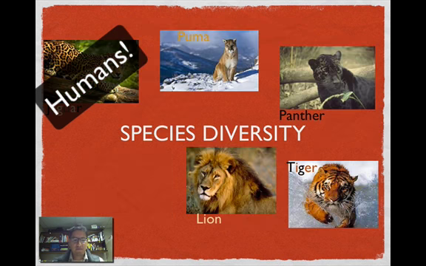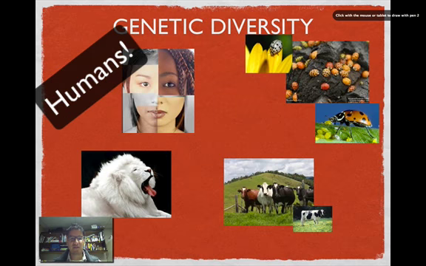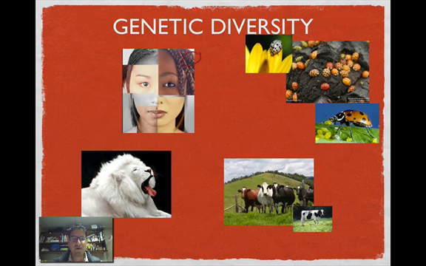We have individuals with dark coarse hair, thin, light hair, dark hair, brown hair, red hair, different shaped lips, different shaped noses, eyes, eye color, even just hair types. Maybe they're thick-haired, thin-haired, maybe no hair. So again, you don't have to look further than yourself or the classroom to find genetic diversity. We come in all shapes and sizes.